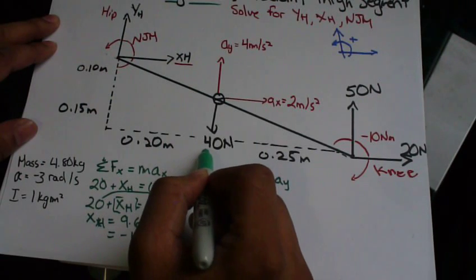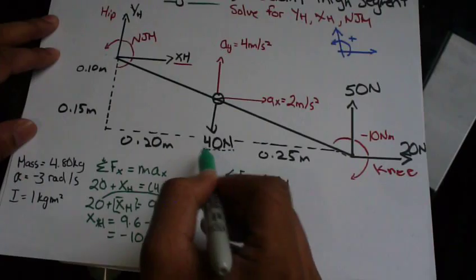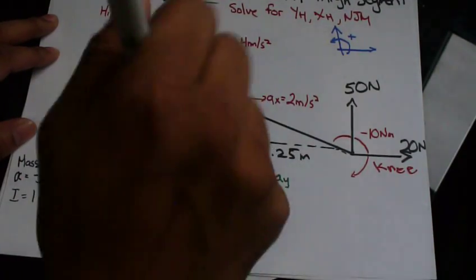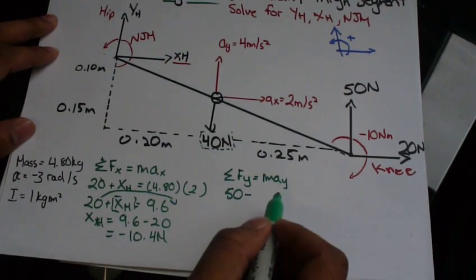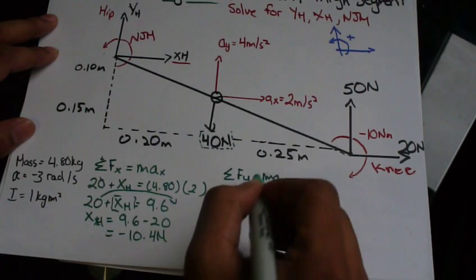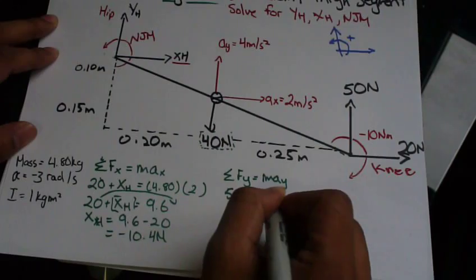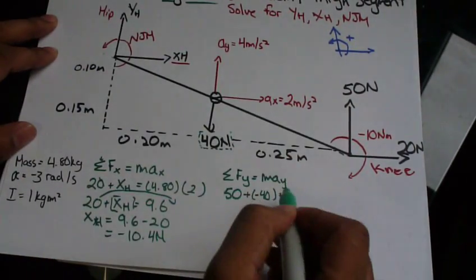The force of gravity acting on the segment. Do not forget this. And we know this is always acting down, so it's minus, or if you want, it's an addition, so it's plus minus 40. And then we add in our unknown.